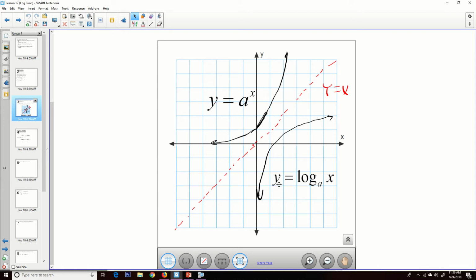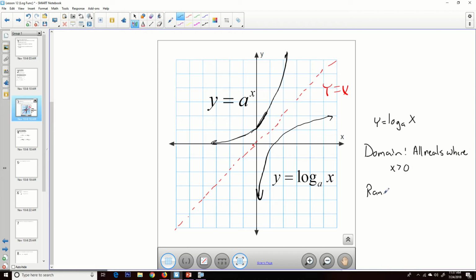If I talk about the domain and range of just our generalized logarithmic function, so if I say y equals log base a of x, its domain will be all reals where x is greater than 0, and the range will be all real numbers. All right, so that's our generalized logarithmic function.